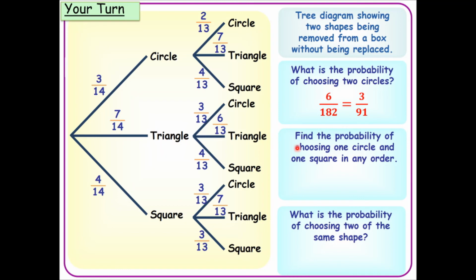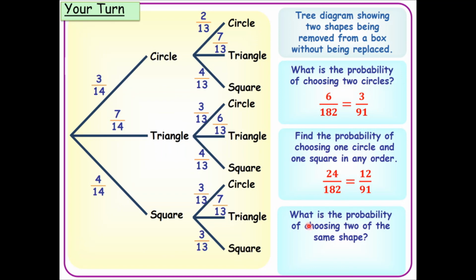So what that will look like is you're looking at circle and square here, following this path here, 3 over 14 times 4 over 13, or you could have the square followed by the circle. So you're looking at both of these probabilities and adding them together, and you should end up with 24 over 182, which is the same as 12 over 91.